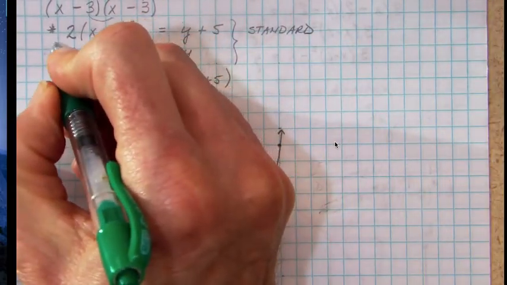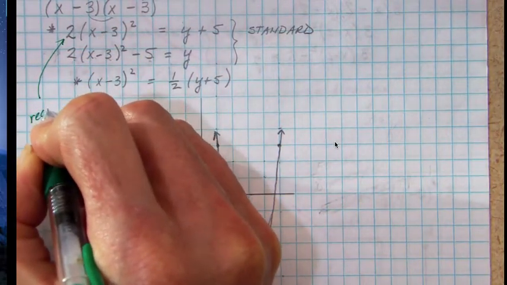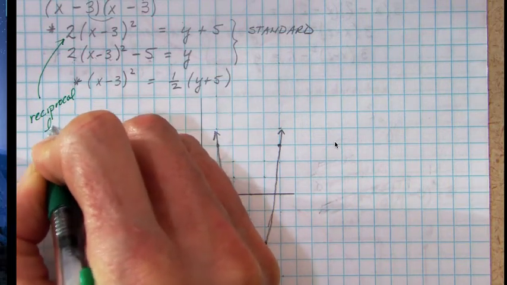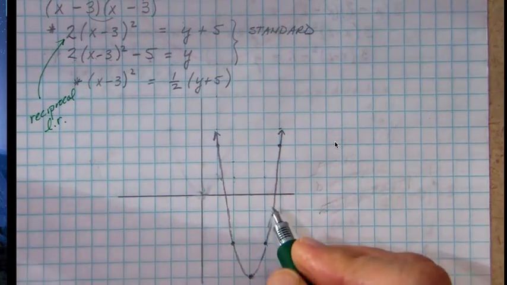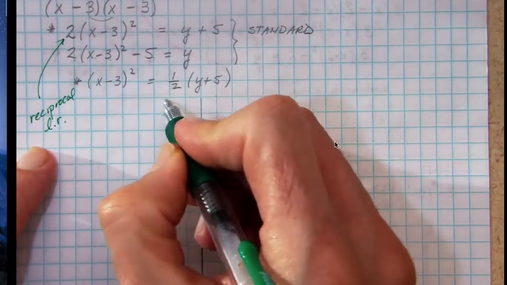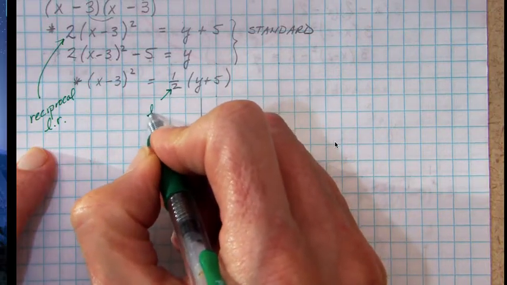This will be the reciprocal of the latus rectum or focal chord. And then if you look at the equation in this format, this will actually be the length of the latus rectum.